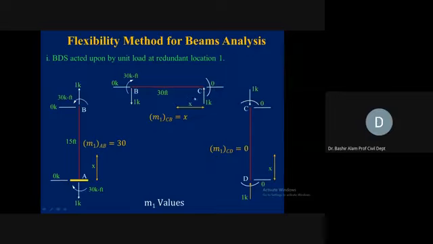Now let's analyze member BC. One kip in the upward direction, so at joint B it should be in the downward direction. Horizontal is 0. Now, one kip upward and one kip downward cause a couple, which will cause a spinning effect. We need to stop this spinning, so we balance this couple by a moment.